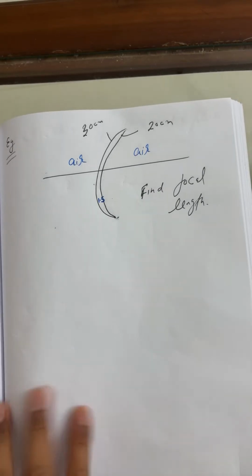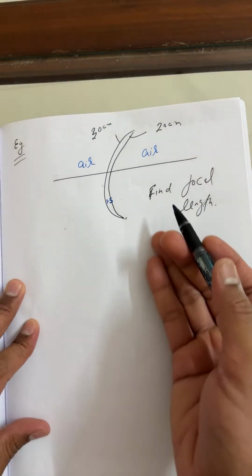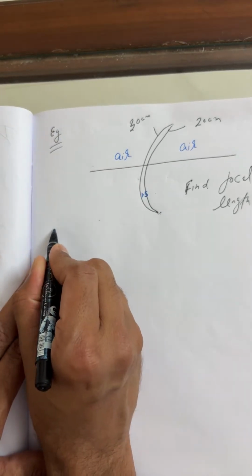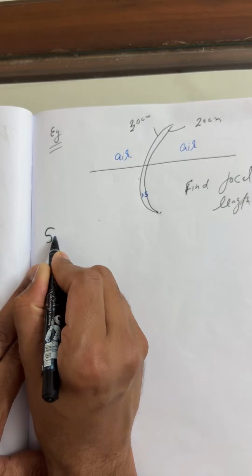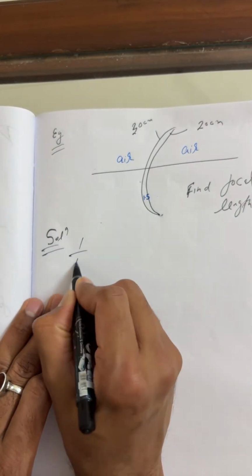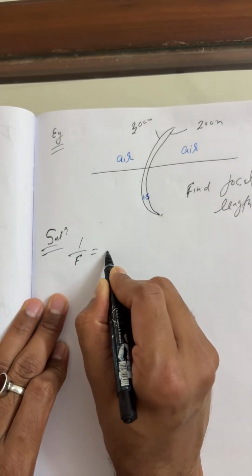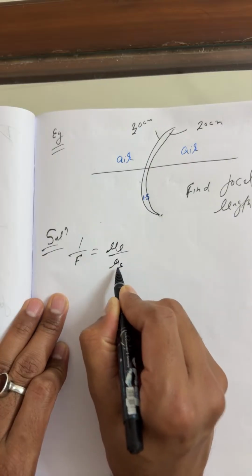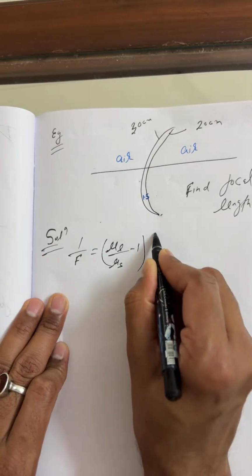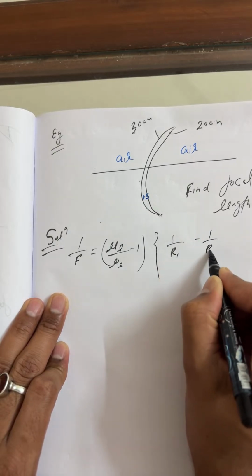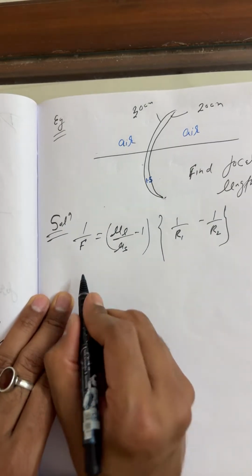Have a look. Here we are finding the focal length. To crack these questions, you have to remember the formula of focus: 1 upon f equals mu of lens upon mu of surrounding, minus 1, into 1 upon R1 minus 1 upon R2.